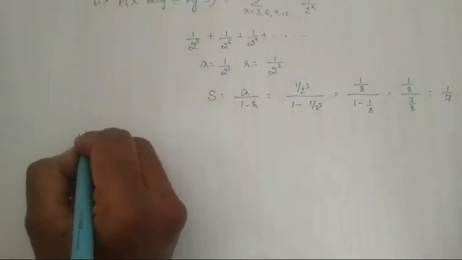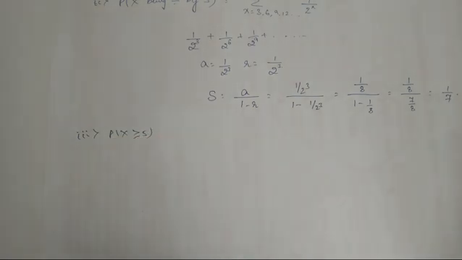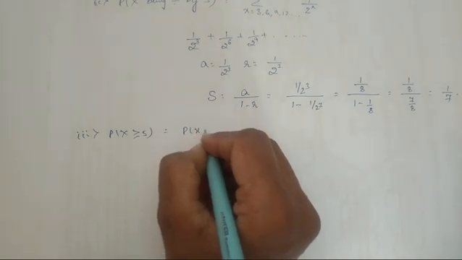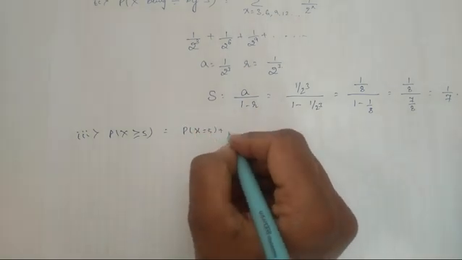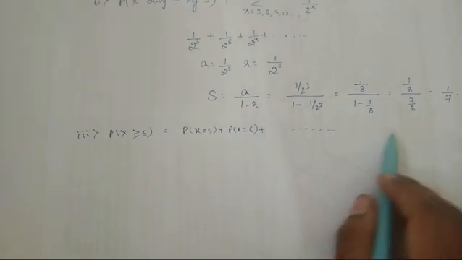Next, the third case is probability of x greater than or equal to 5, which is equal to p of x is equal to 5 plus p of x is equal to 6, and so on up to infinity.